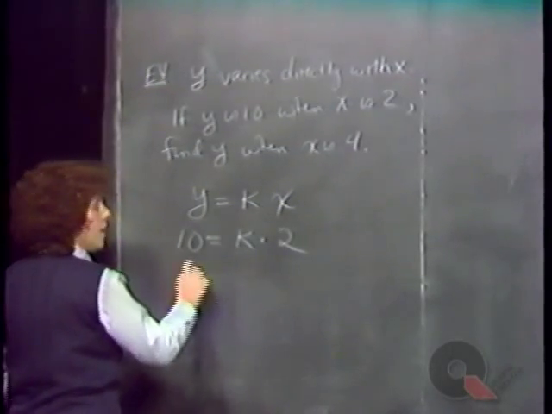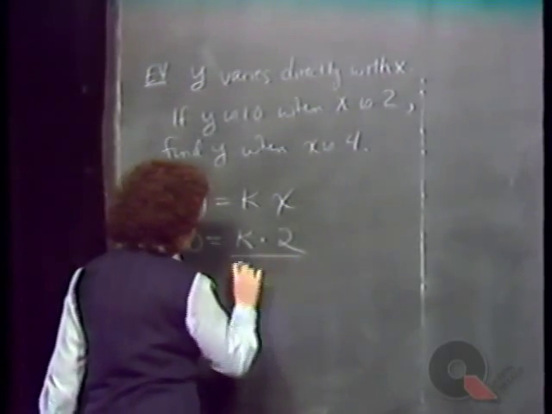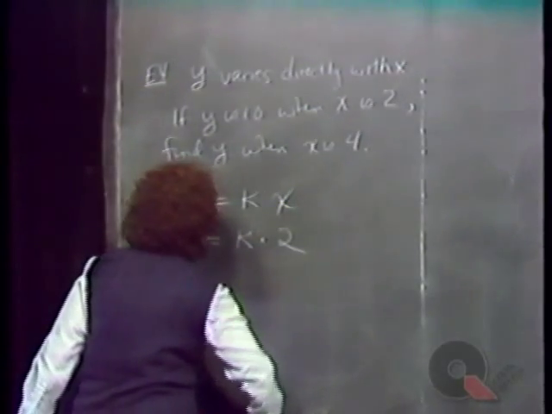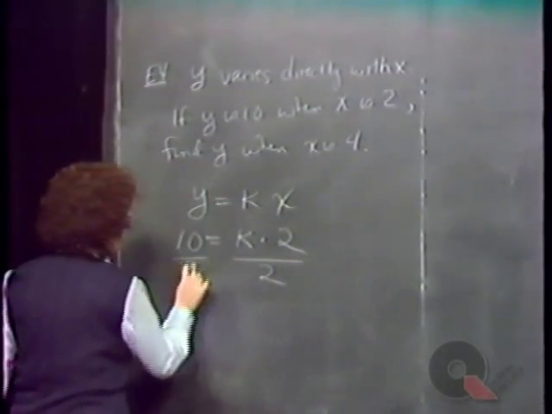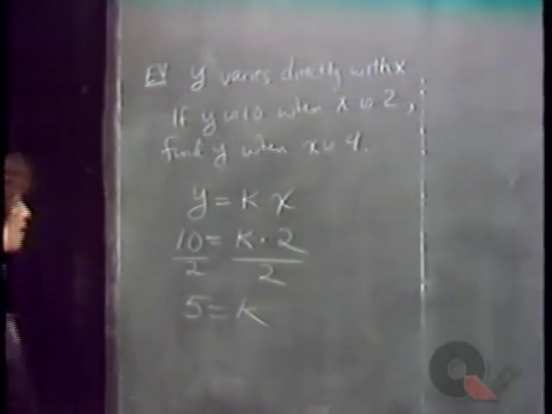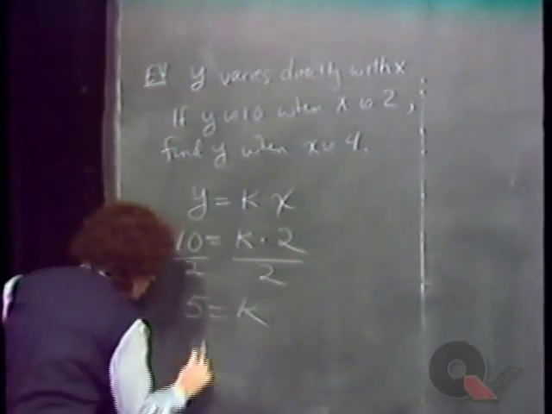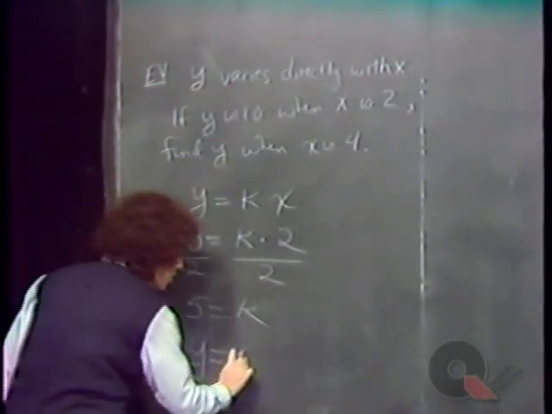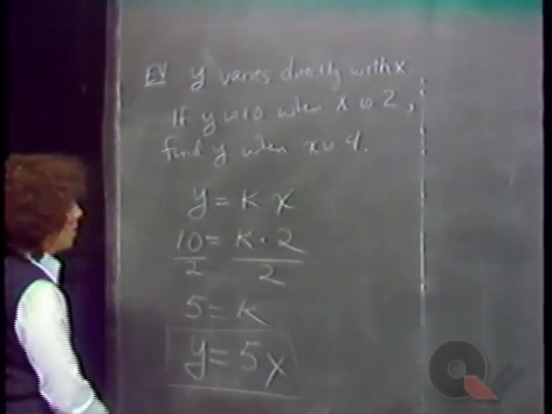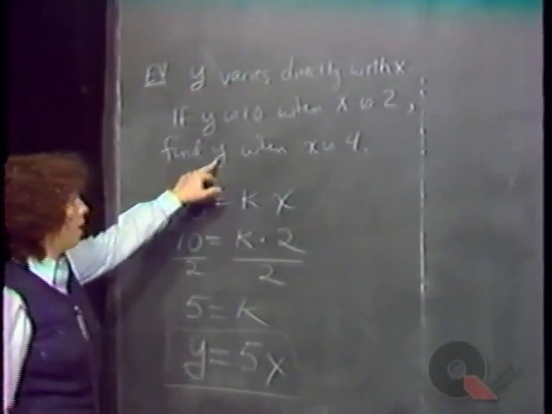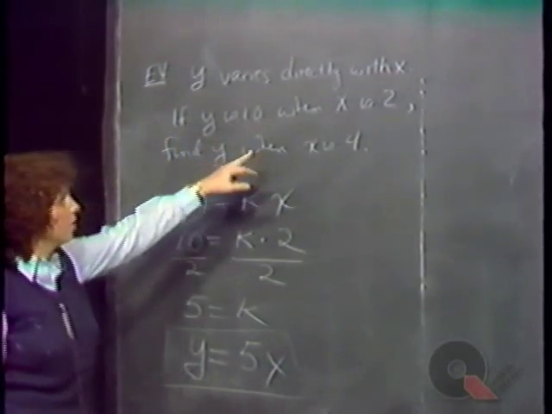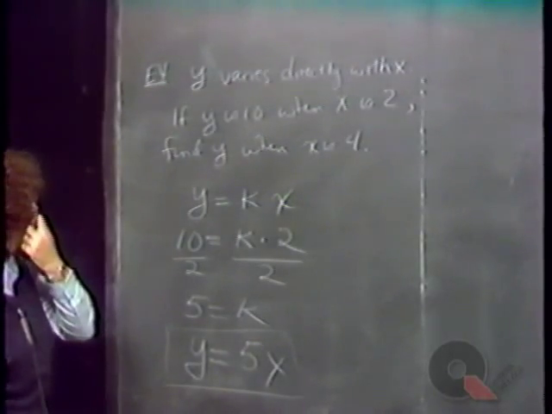We have that 10 is equal to 2k. Dividing both sides by 2, we find that k is 5. We now know that the relationship can be written as y equals 5x. And using this, we will now be able to find y when x is 4. So they give you, in a sense, a point on the curve. We're told that when x is 2, y is 10.